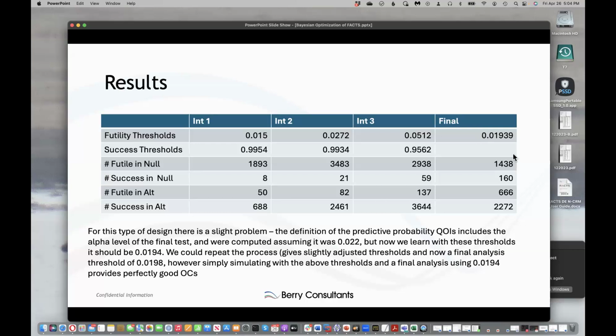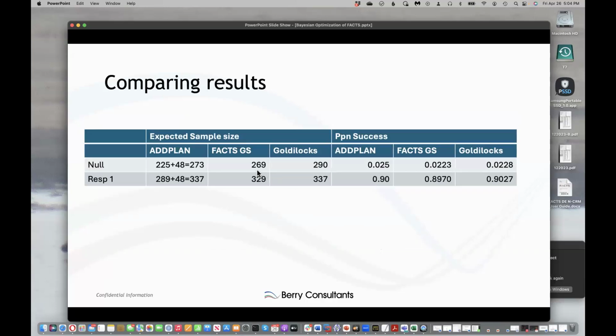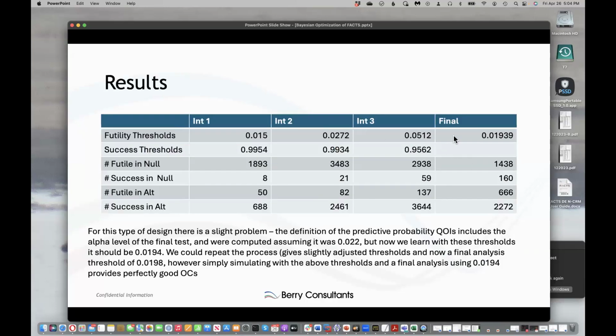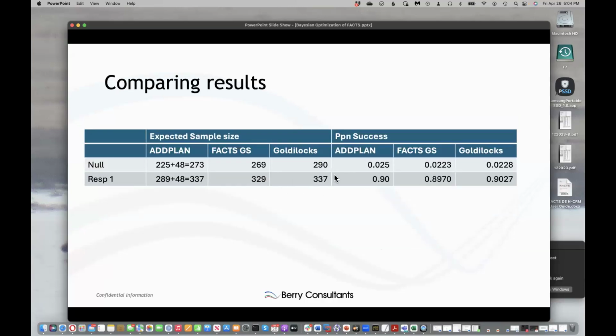I'm not sure how well it will converge, but it turns out that just plugging these in, using these thresholds, even though the predicted probabilities are for a slightly different level alpha at the end, it all works out. The sample size is a little bit higher, 290 and 337, but you can see our power and type 1 error are controlled correctly.